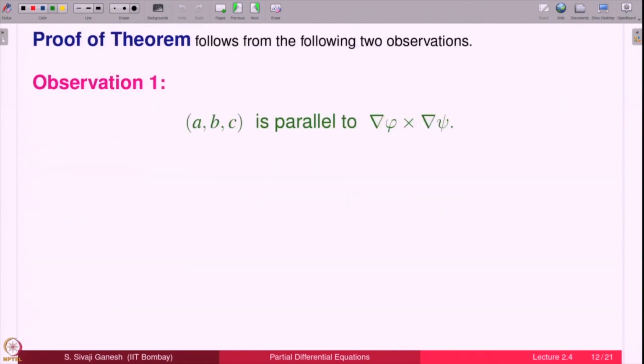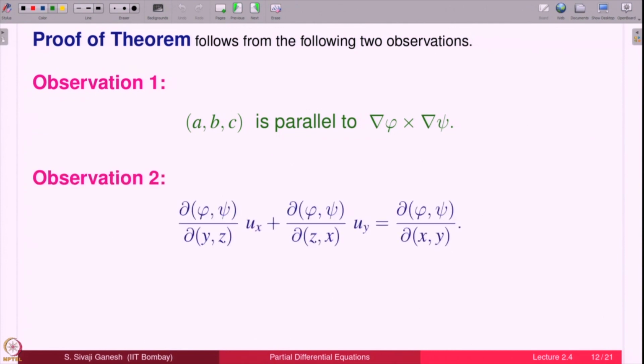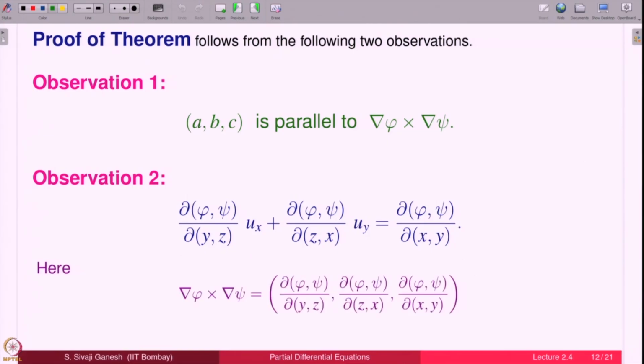First observation is that ABC is parallel to grad phi cross grad psi. Observation 2 is that such a PDE is satisfied. Okay, what is grad phi cross product with grad psi? It is this: this is the first component, this is the second component, and this RHS is the third component.